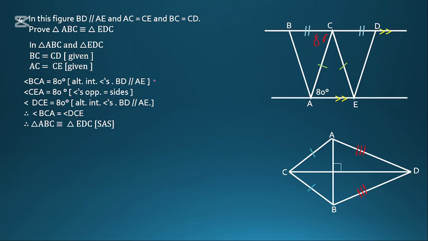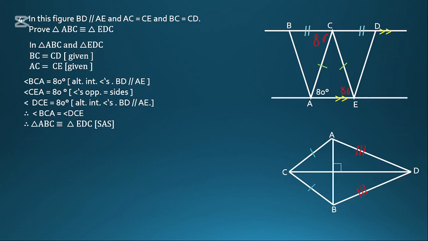Then CEA is 80. CEA, this one, is 80. Angles opposite equal sides. That is how you write out your reason. Angles opposite equal sides.